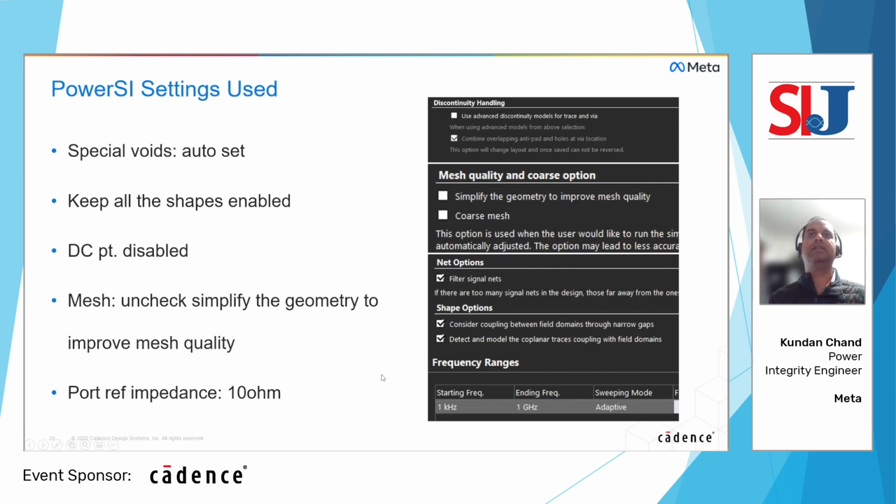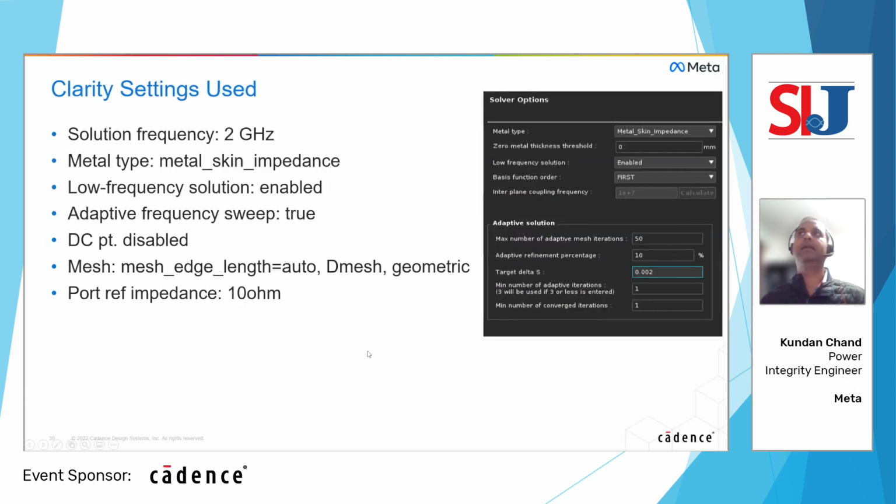Overall, these were the settings we used. And for the Clarity 3D solver, we used the settings here, where the tool was much better correlated to our measurements in this case.